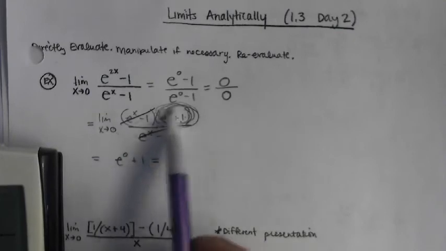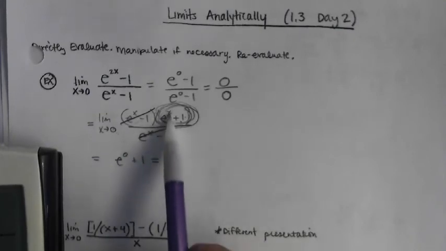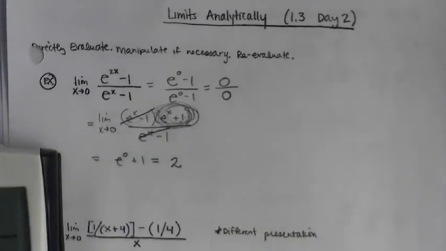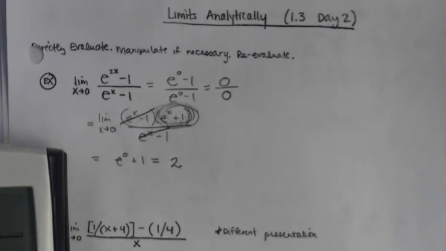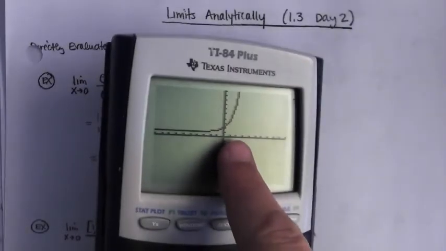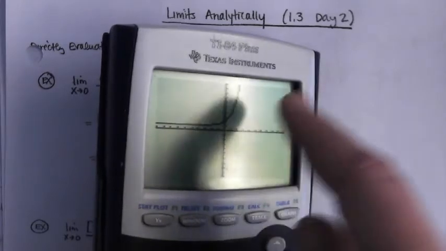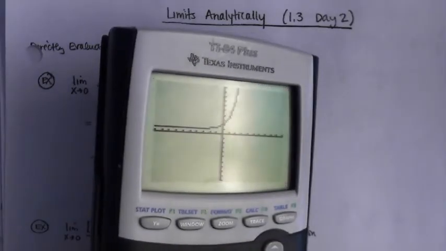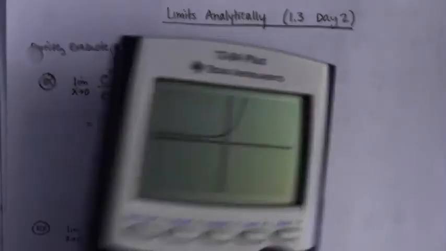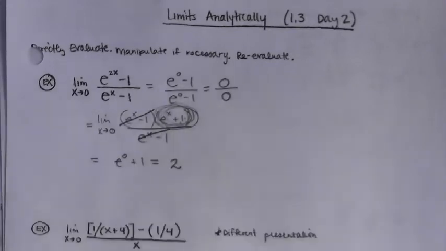You plug in 0 to that simplified function. E to the 0 is 1. 1 plus 1 is 2. Your hole is at 0, too, which is why your limit can exist, even though the function value does not. Okay? Anytime you directly evaluate and you get the indeterminate case, that means that the function value doesn't exist there. But sometimes the limit still can. Okay?